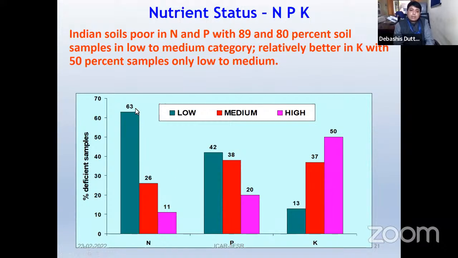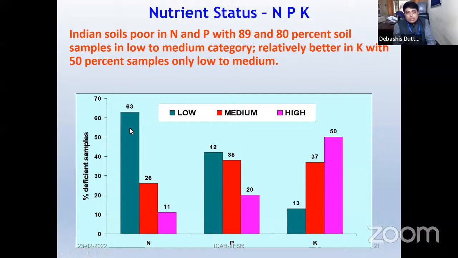This is the status of the different samples, and of the soil samples we have analyzed, 63% of the soils are low in nitrogen. Then low in nitrogen is 63%, medium 26%, and high is 11%.